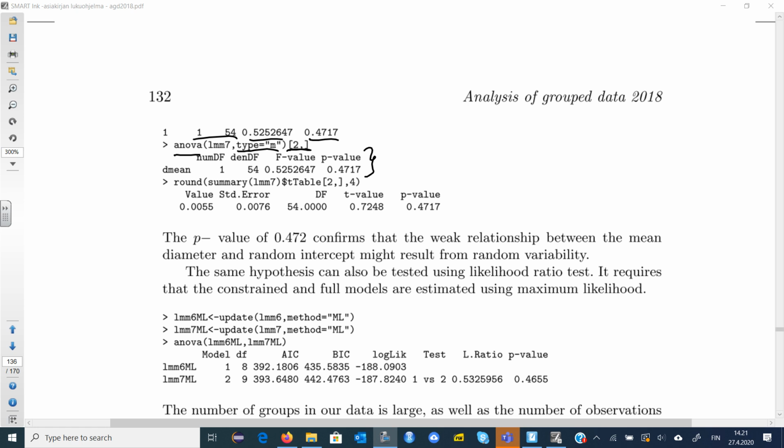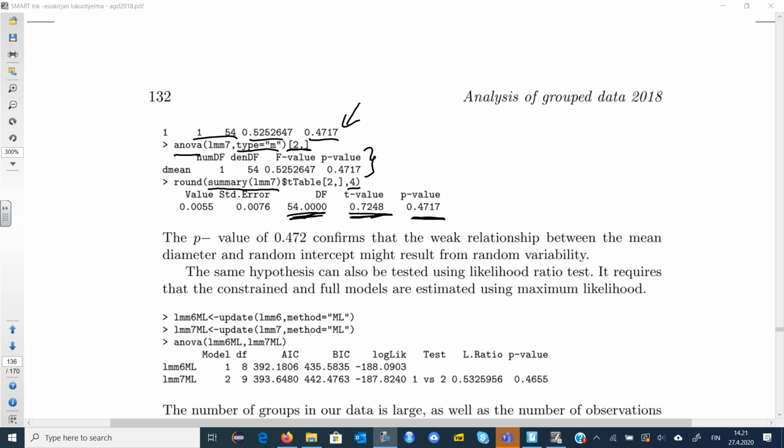Then a fourth equivalent way to do this same test is to make a t-test for the model. So we could just use function summary of the model and then select the fourth row of the summary, and then we see that we get a t-test based on this t test statistic, and the df is 54, which is the same as before, and the p-value is the same as from the F statistic.